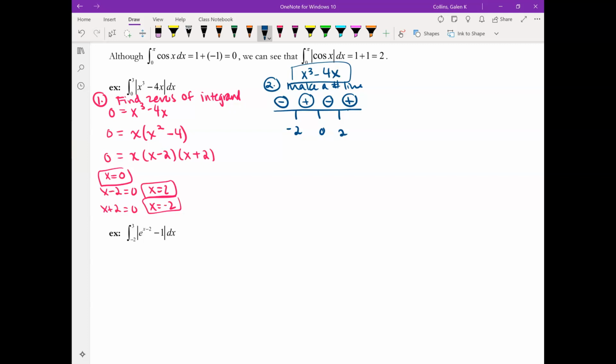Okay, so if we want to integrate from 0 to 3, we need to take into account where the function is negative. From 0 to 2, we're going to need to integrate that, and then multiply that by -1.